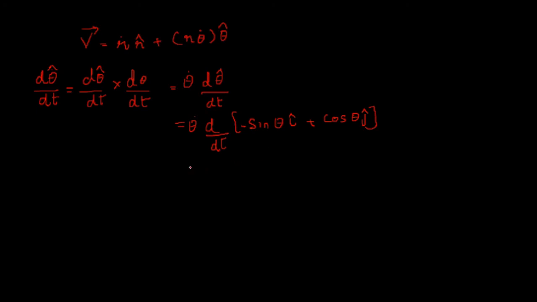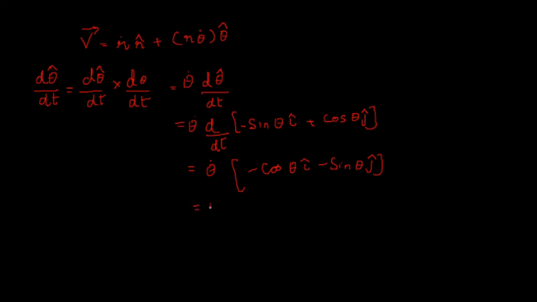Now on differentiating this, we would get minus cos theta i cap, and again, differentiation of cos theta would be minus sin theta j cap. Let me take the minus sign common out.